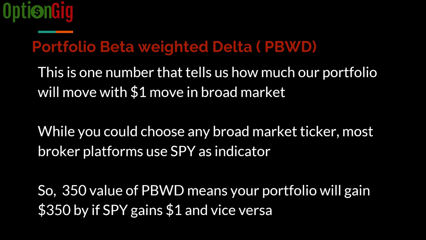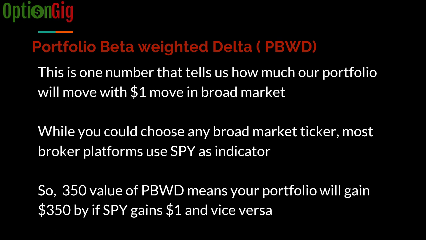Like I said, while you could choose any broad market index or ticker, most broker platforms use SPY as an indicator. So if your portfolio beta weighted delta is 350, that means if SPY gains $1, the portfolio would gain $350. Remember, we are not talking about individual stocks in your portfolio. Some stocks may gain, some stocks may lose. It depends on what the delta of those stocks is, and what the beta of those stocks is.